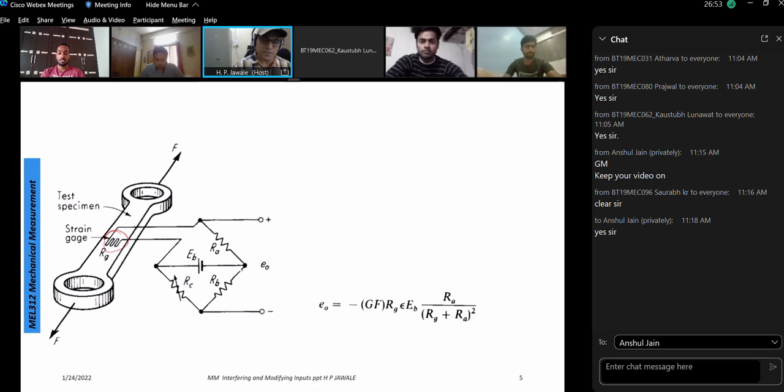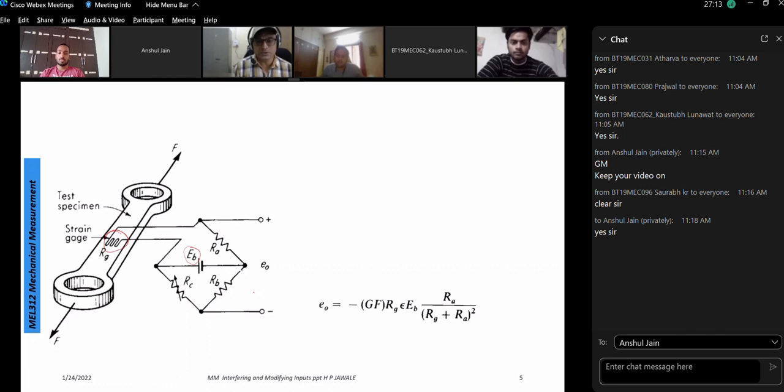That change in length will be captured by this gauge wire, and then there will be a change in resistance. Then this gauge wire is connected to the Wheatstone circuit so that the input voltage applied, say EB, is going to be given at the output of the Wheatstone bridge, in proportion to RG.